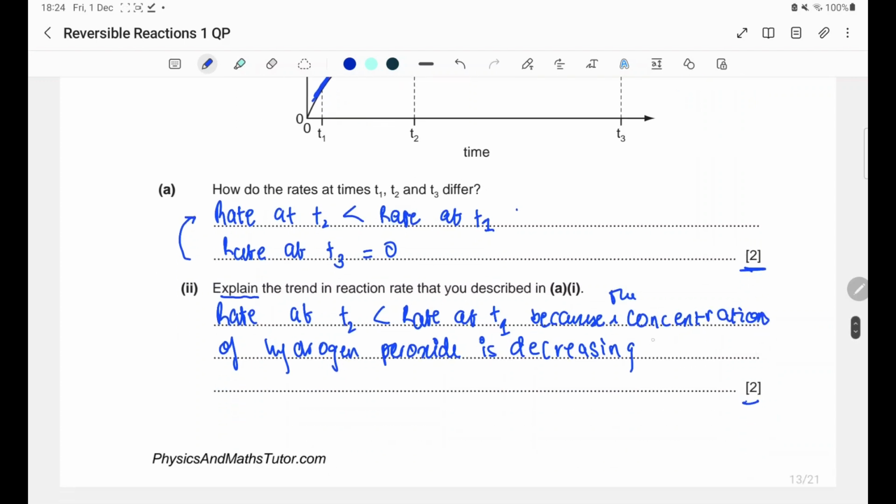The rate at T3 is 0 because hydrogen peroxide is completely used up. The reaction is complete. So at T3, hydrogen peroxide is completely used up.